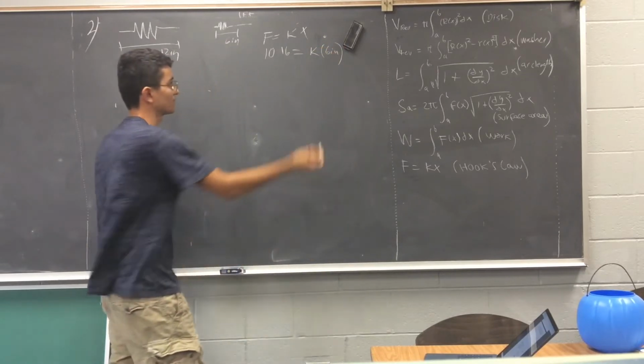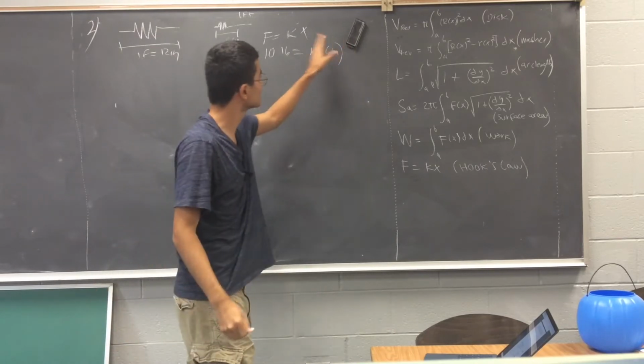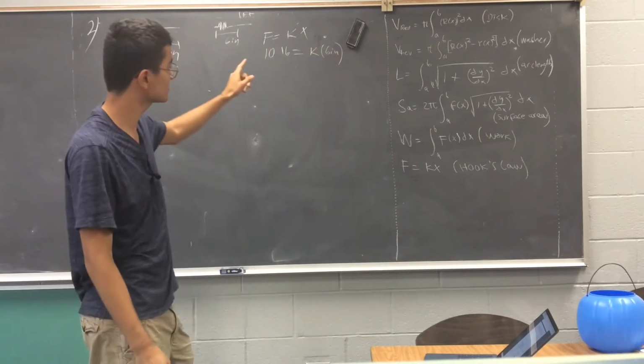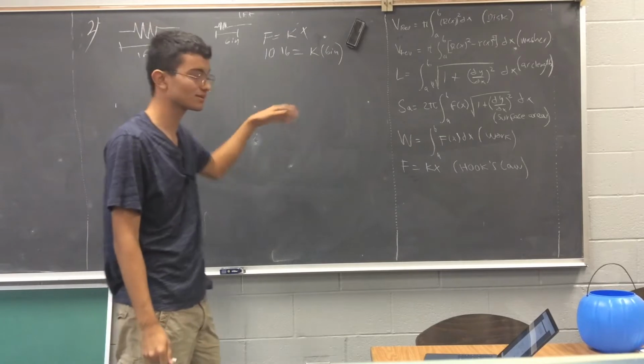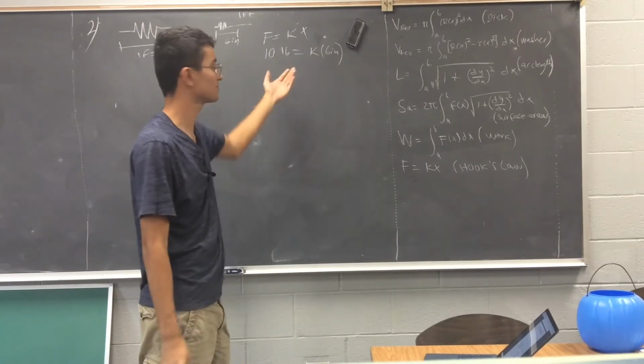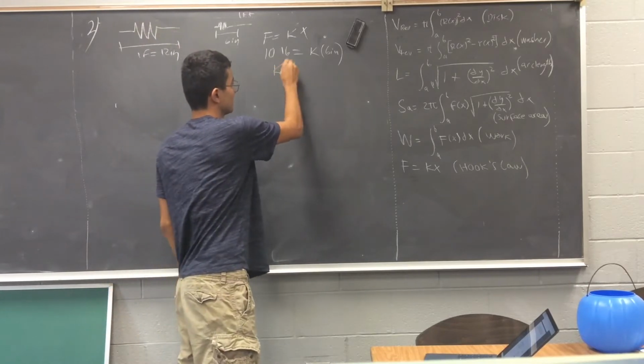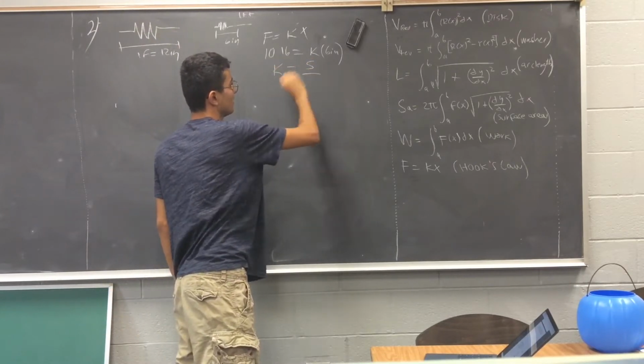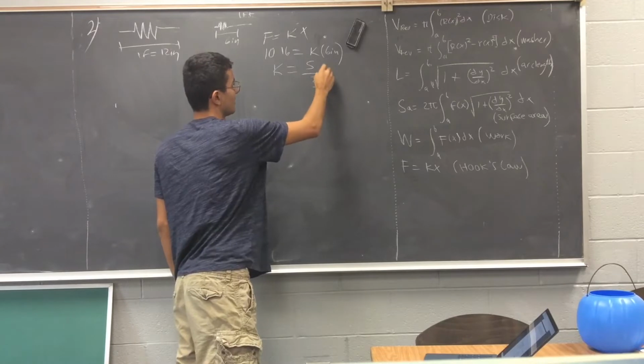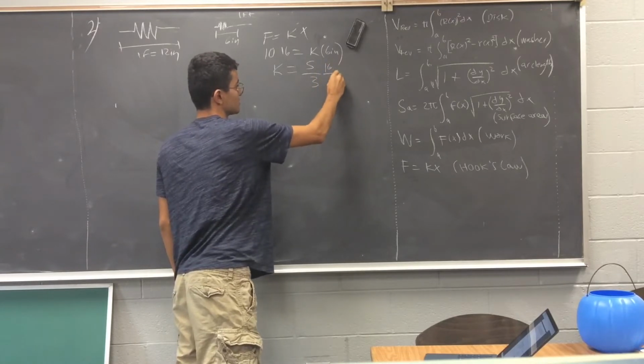So we can solve for k. Usually I would solve symbolically first instead of just plugging in numbers, but you can already plug it in. It's an easy linear equation, and that's going to give you 5 thirds pounds per inch.